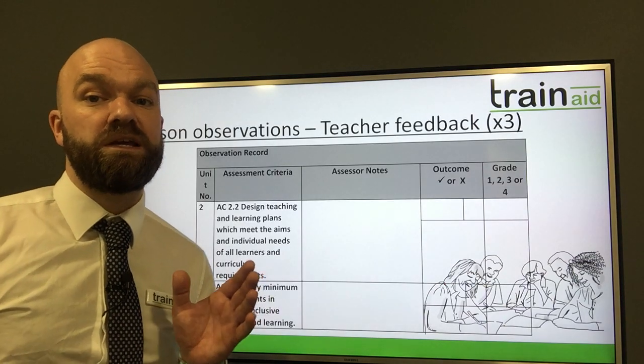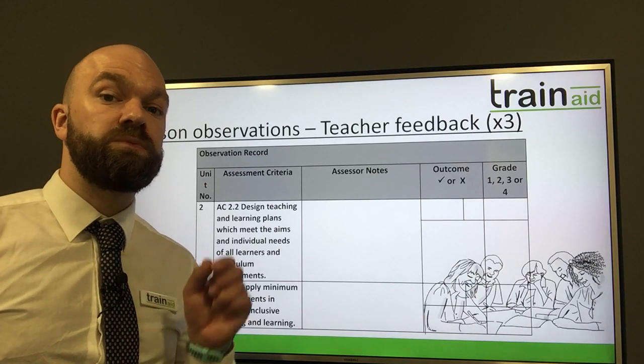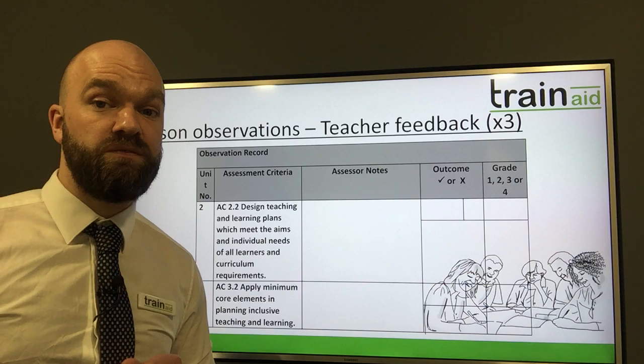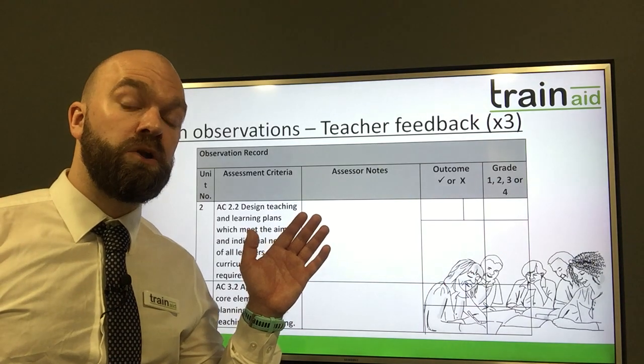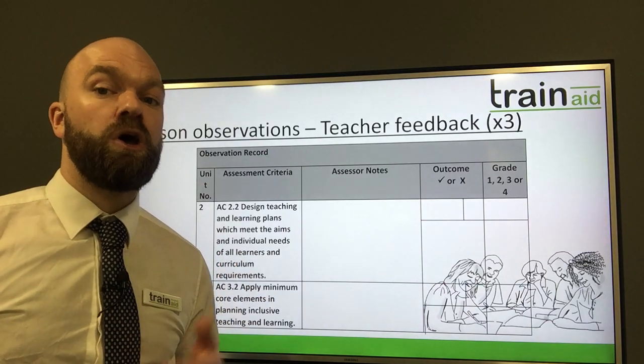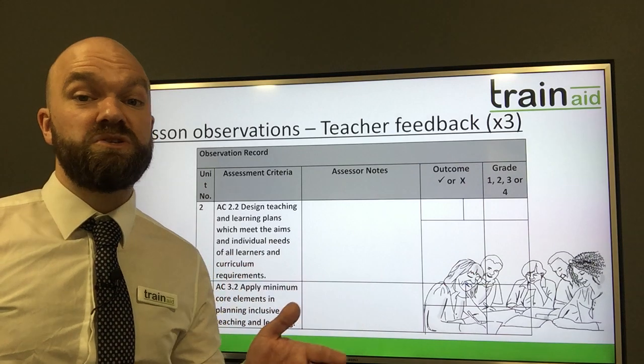Now the next section is your lesson observations. It is very important to be observed 3 times over the course of your Level 4 certificate. I'd recommend an observation perhaps at the start, in the middle and at the end. A common question is, does it have to be the same observer? No, it doesn't.